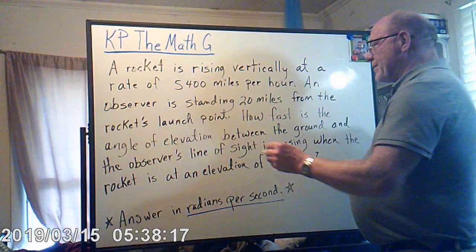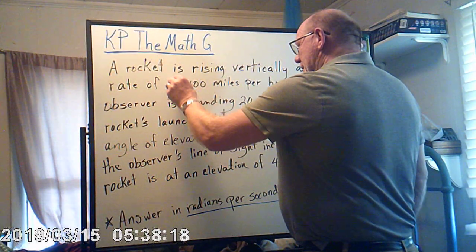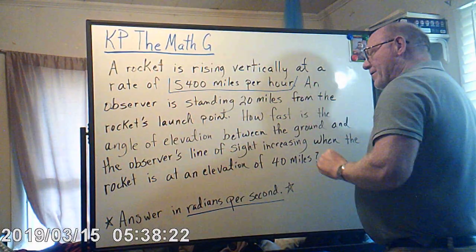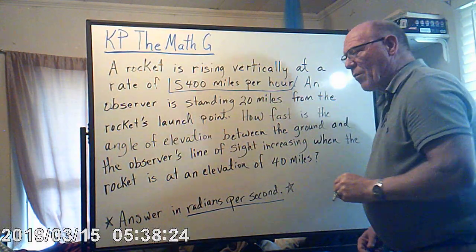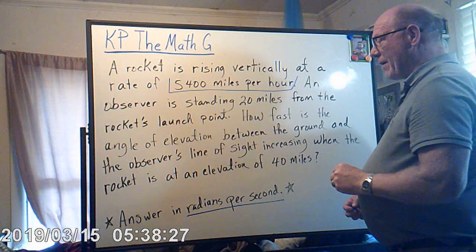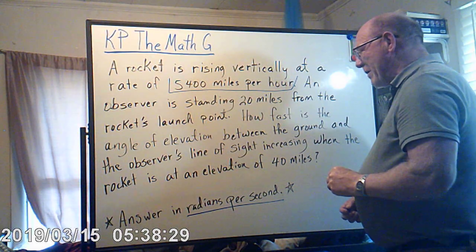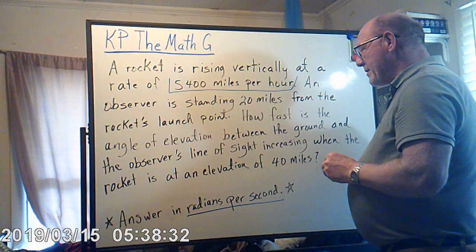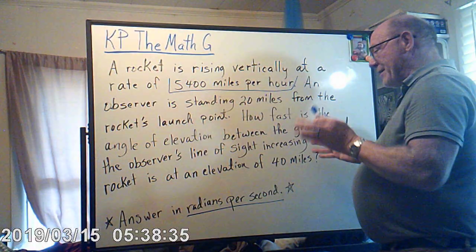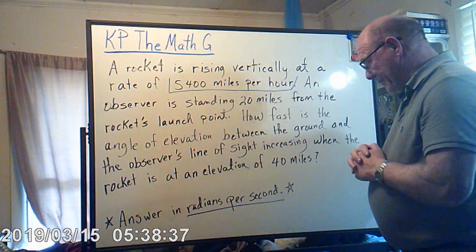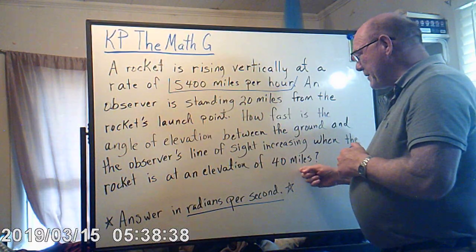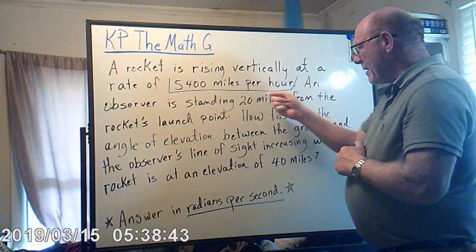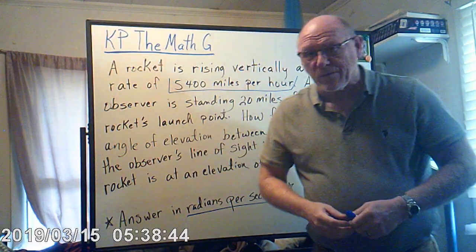We have this rate of 5,400 miles per hour, but we want this to be in seconds. It is interesting to note that this is in miles and this is in miles, but you have to be very careful.